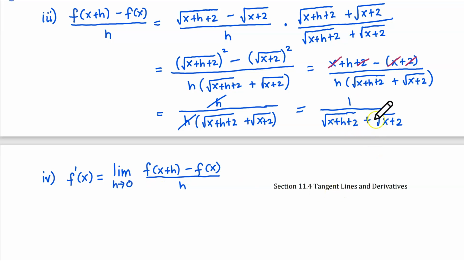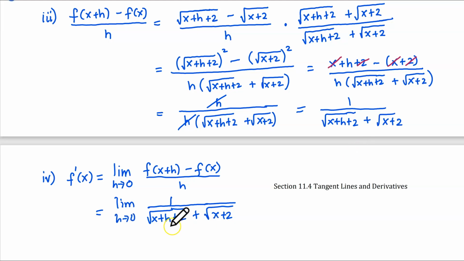So we use this result here and evaluate the limit as h approaches 0. So you have 1 divided by square root of x plus h plus 2 plus square root of x plus 2. And then take the limit as h approaches 0.